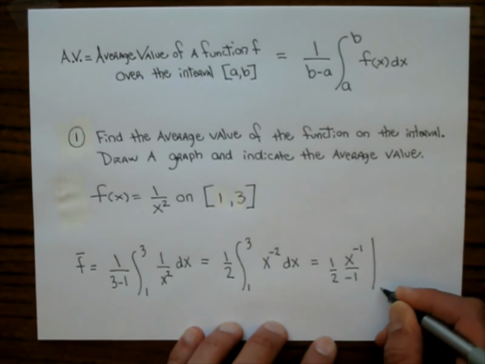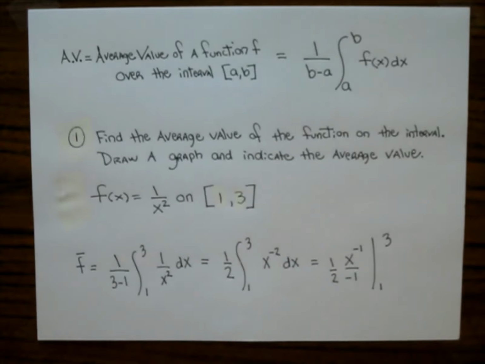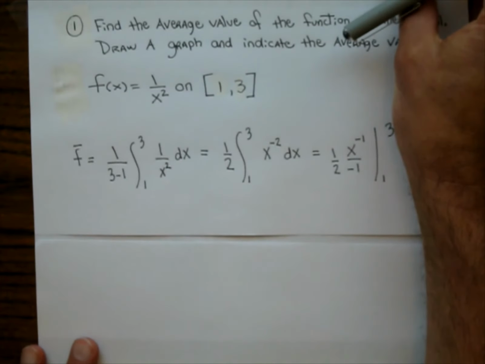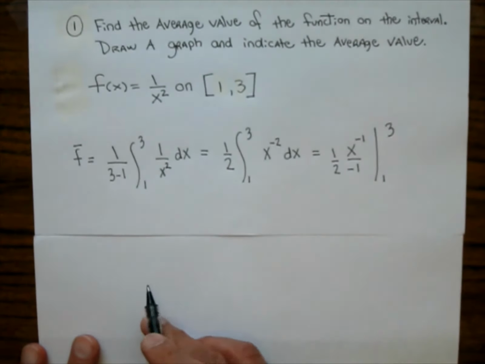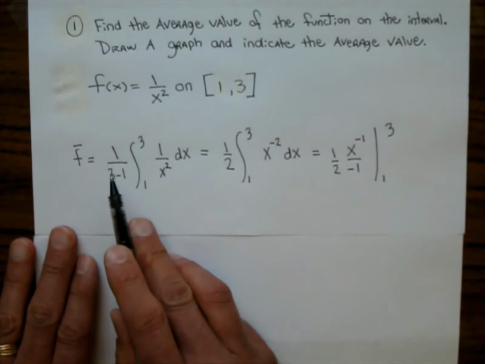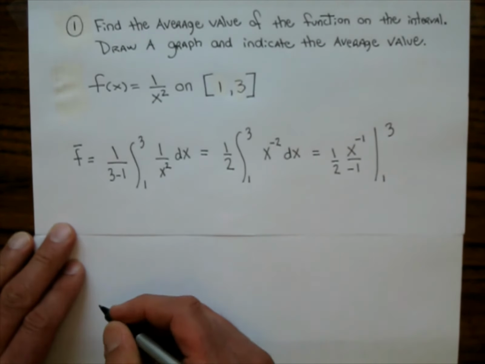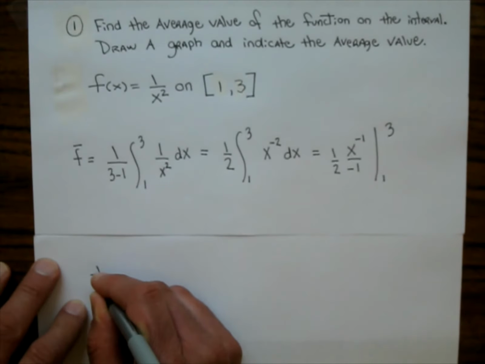This gets evaluated from 1 to 3. Need another piece of paper here. So it's really not that bad when they ask you to find the average value of a function. You're just multiplying the definite integral by 1 over the length of the interval. So this happens to be negative 1/2.